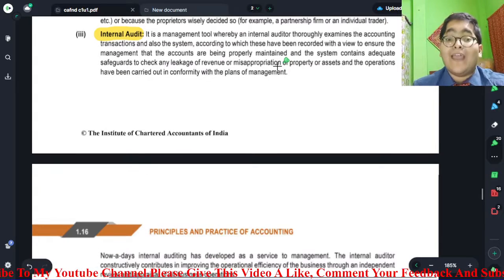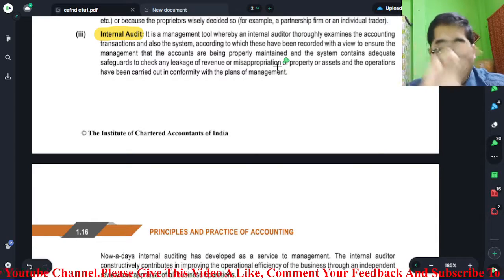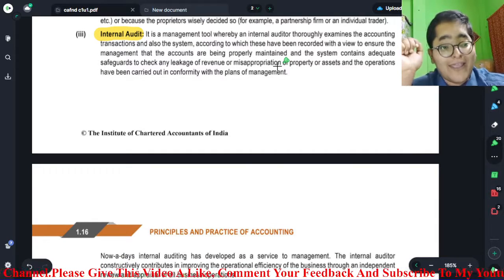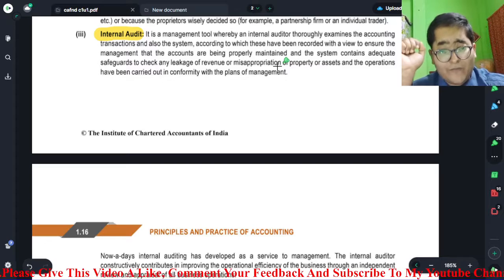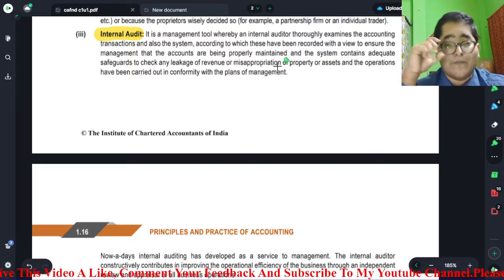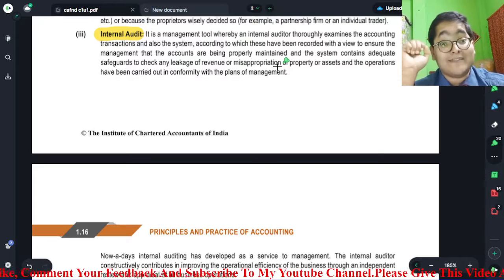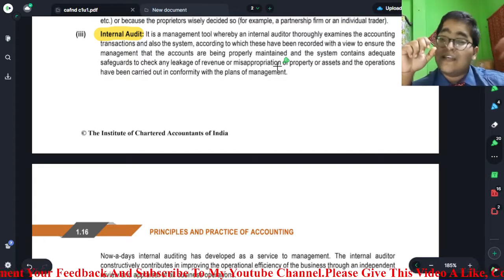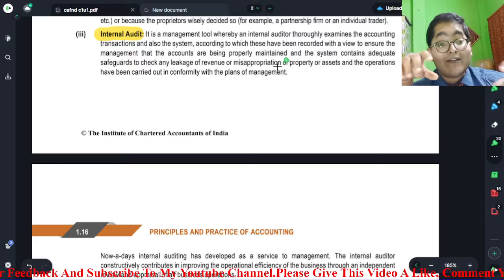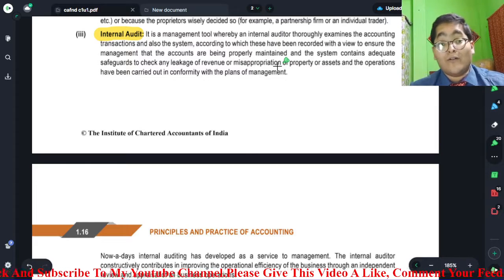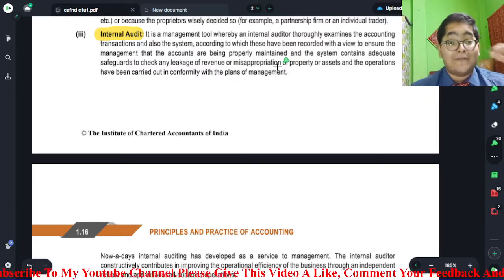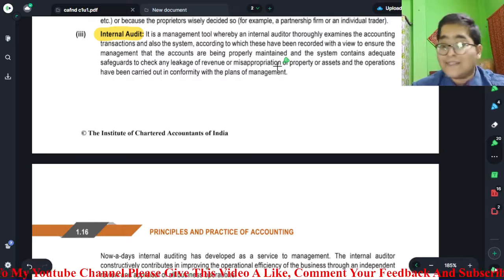Internal audit: a person having proper knowledge about accounting can also become the internal auditor of the company, of any business firm. An internal auditor checks the internal functioning of the business before a statutory auditor checks it. So the internal auditor can report on various problems or setbacks which the business is facing.